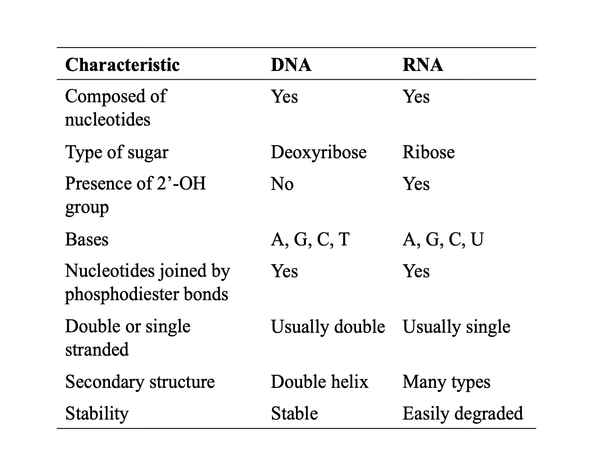The bases that we can find in the nucleotides that make up DNA are A, C, G, and T. And in RNA, it is A, G, C, and U. There are no T-containing nucleotides in RNA, and vice versa, there are no U-containing nucleotides in DNA.